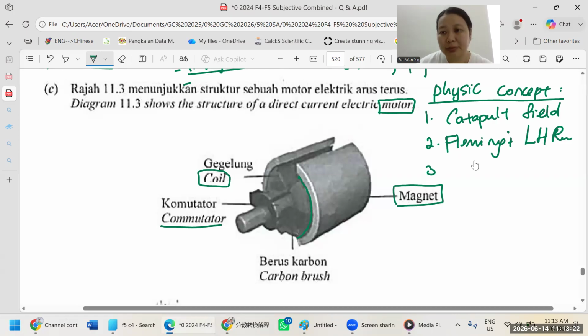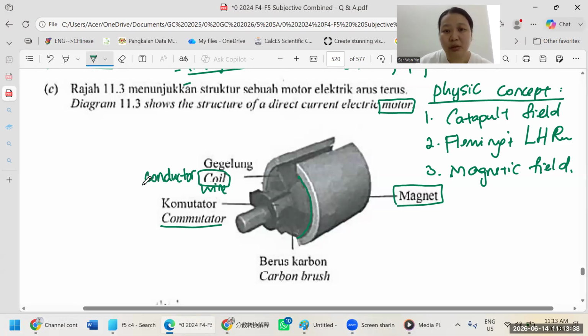Yes, inside the catapult field there is a magnetic field. What is the coil? The coil is a conductor, a wire coil.